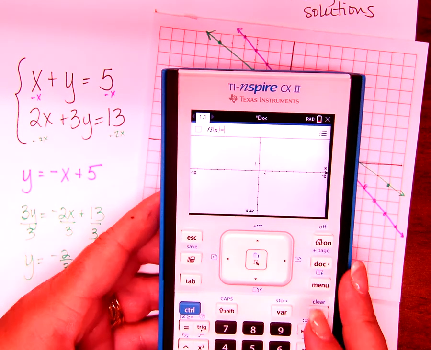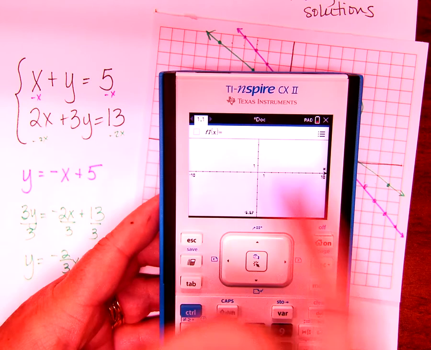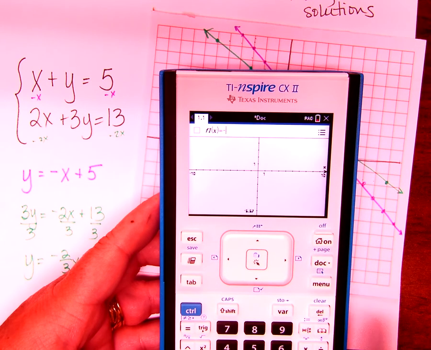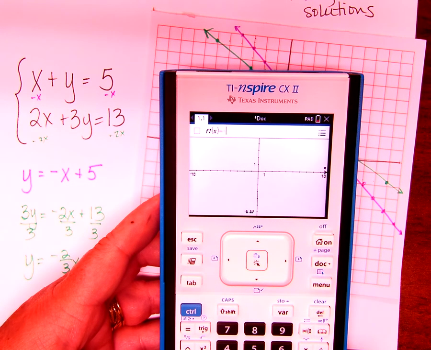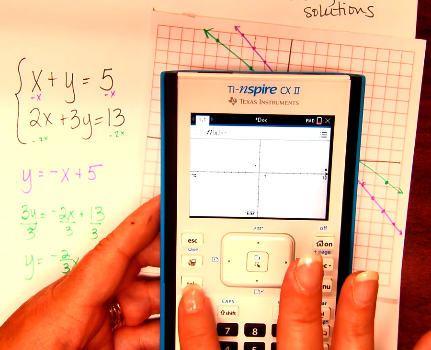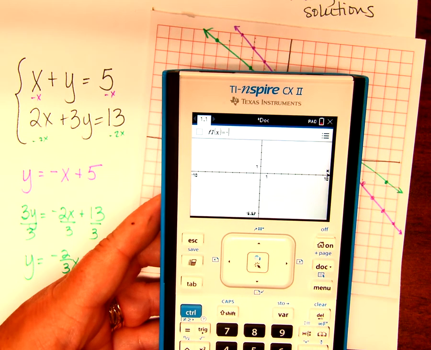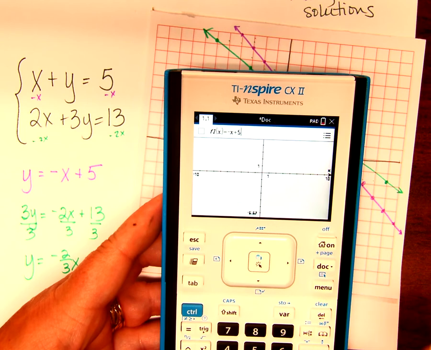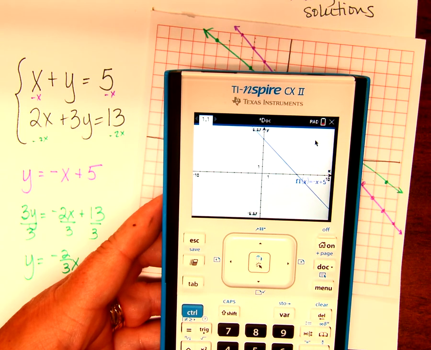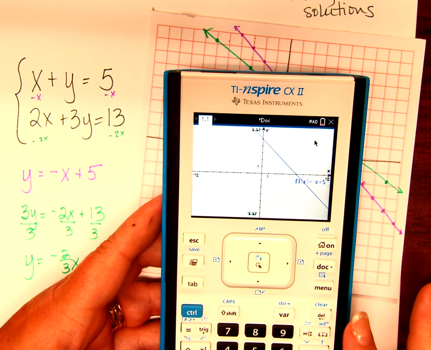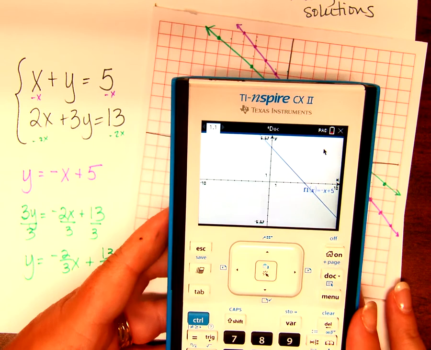I want a new graph. My first equation is, oh, look, I already put it in y equals, so that's perfect. Negative x plus 5, enter, and it graphs it for me. Mine's blue. What color is yours? Okay, good.